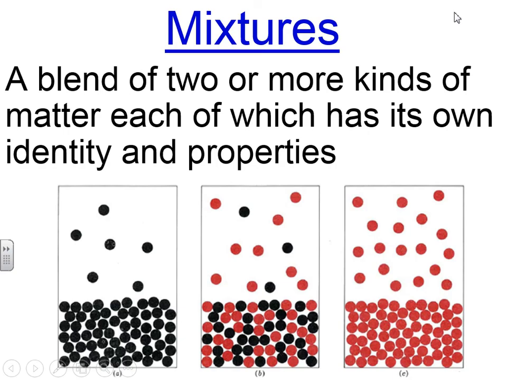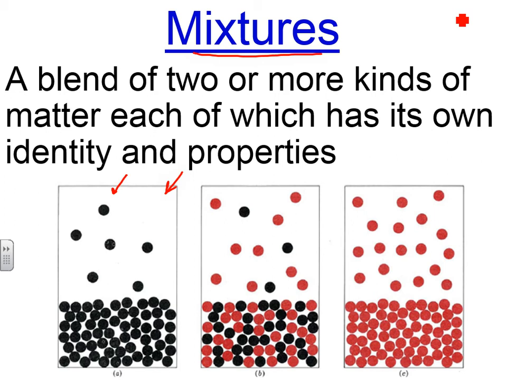So first let's talk about mixtures. A mixture, you should be aware of this term, is a blend of two or more different kinds of matter, each of which has its own identity and properties. So here, for example, in this first box, you have just one type of matter, symbolized by just black spheres.